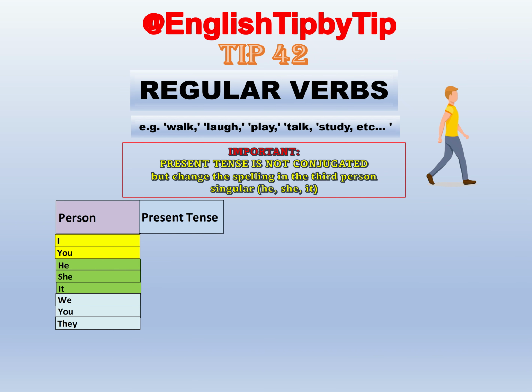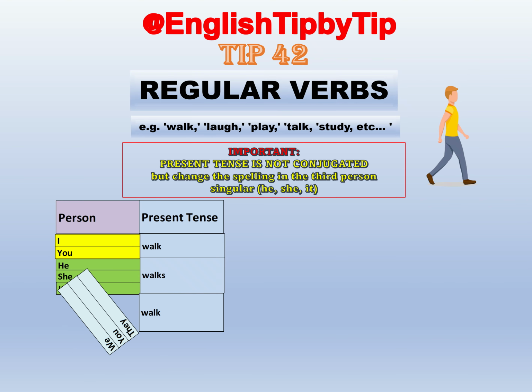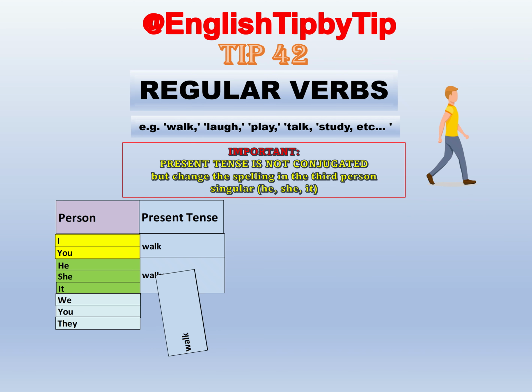Present tense: I walk, you walk, he walks, she walks, it walks, we walk, you walk, they walk. Past tense: walked.